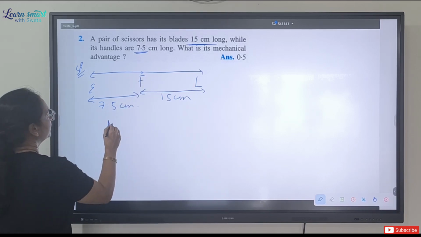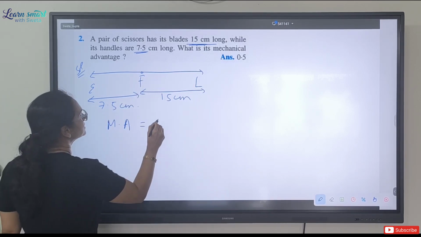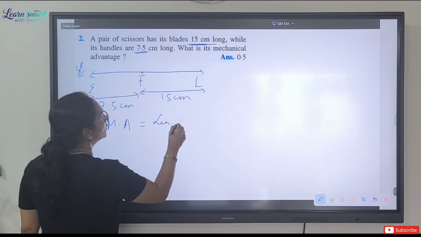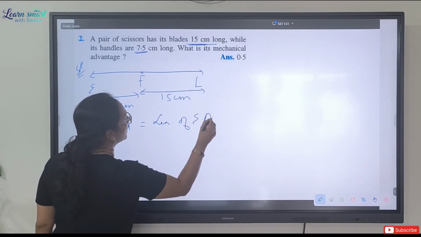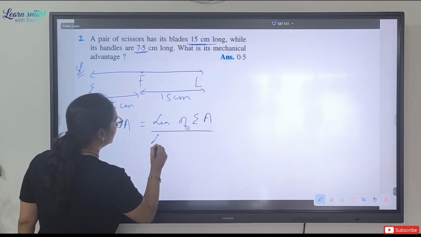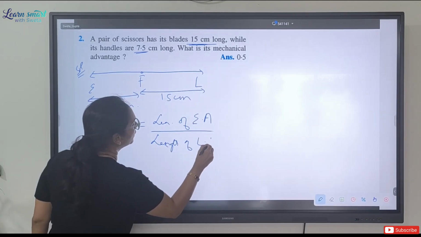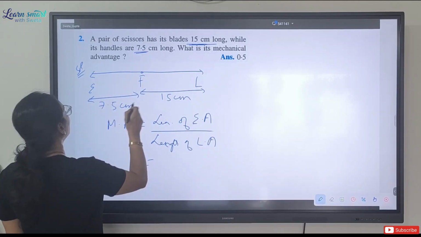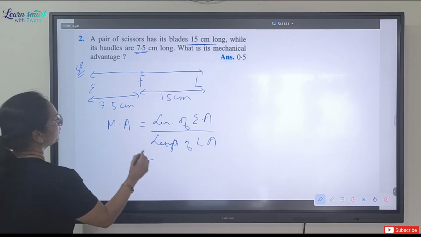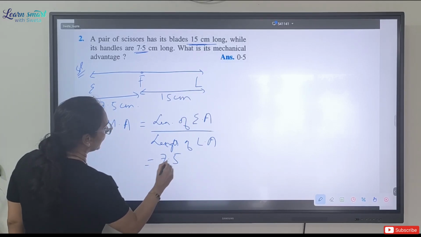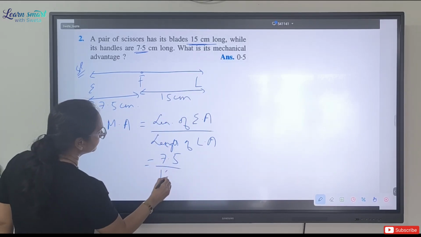And mechanical advantage is equal to length of effort arm upon length of load arm. So effort arm is 7.5 and load arm is 15.